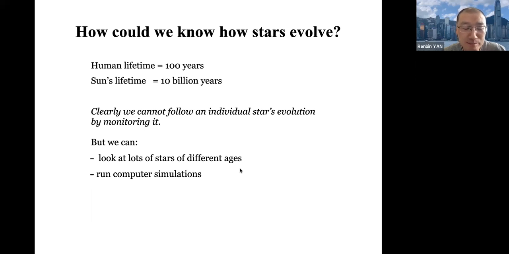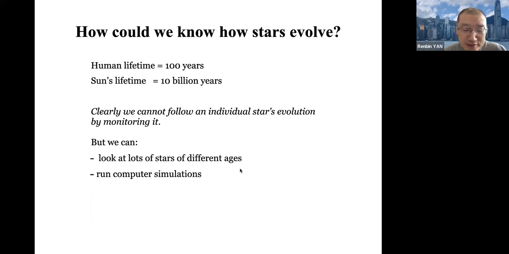They see, okay, there are some babies, some children, some teenagers, some adults, and some people who are old. They can just look at the human population and figure out, oh, these people must grow from small to large, and then get old. So they can look at the population of human beings in order to understand human evolution.